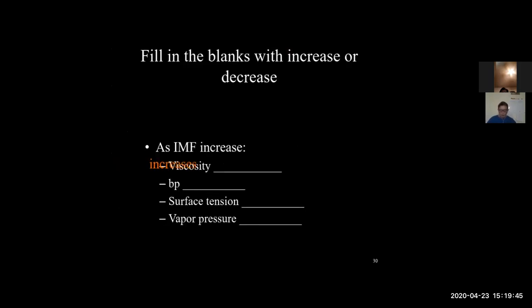So here, as IMF increases, the viscosity increases, the boiling point increases, and the surface tension increases. Again, as we get stronger IMF forces, the interaction between molecules becomes stronger, so these physical properties will increase, with the exception of vapor pressure. They'll have less vapor pressure. Okay.